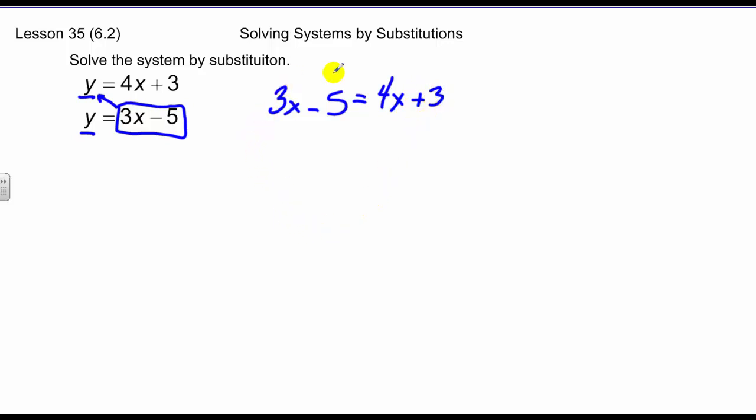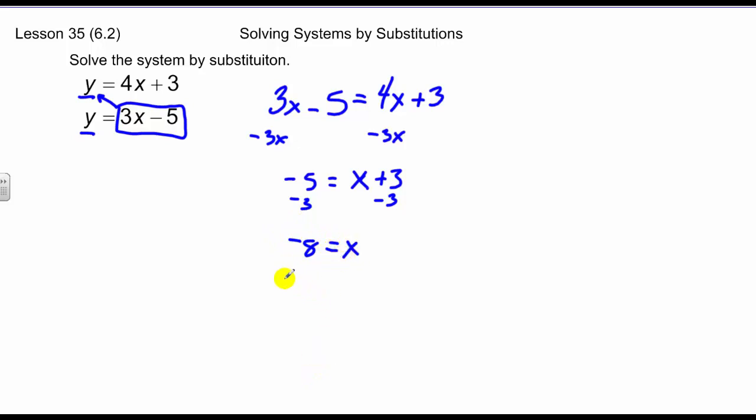Now you'll notice I have an equation with one variable, and I can solve that by subtracting 3x from both sides, and then subtracting 3 from both sides, giving me a value of x equals negative 8.